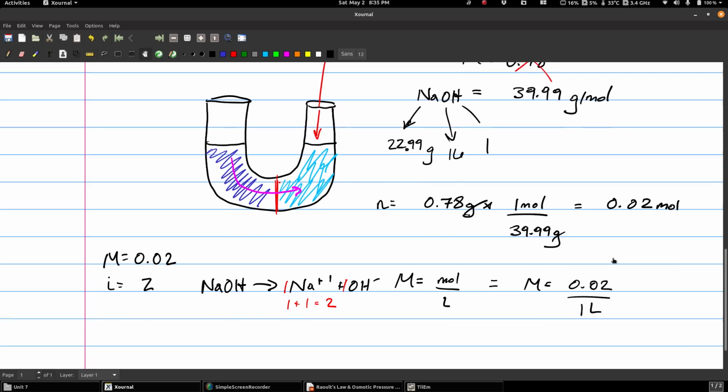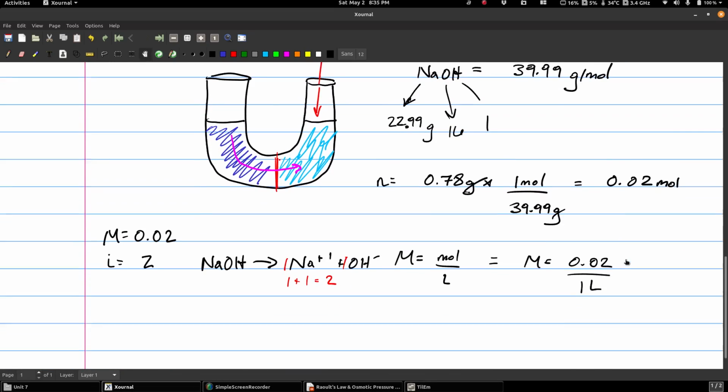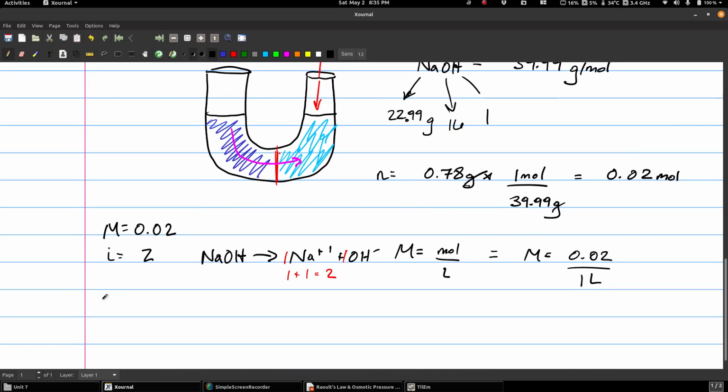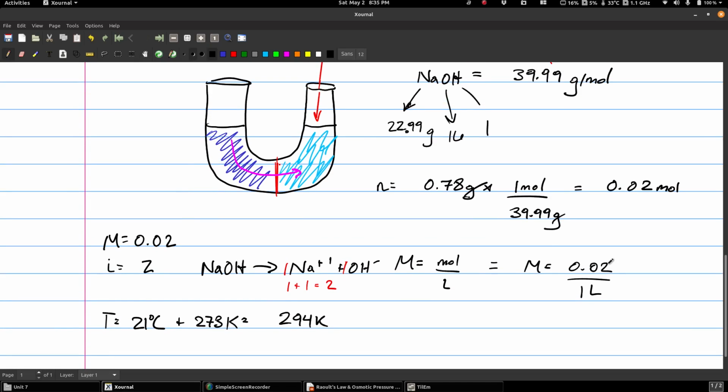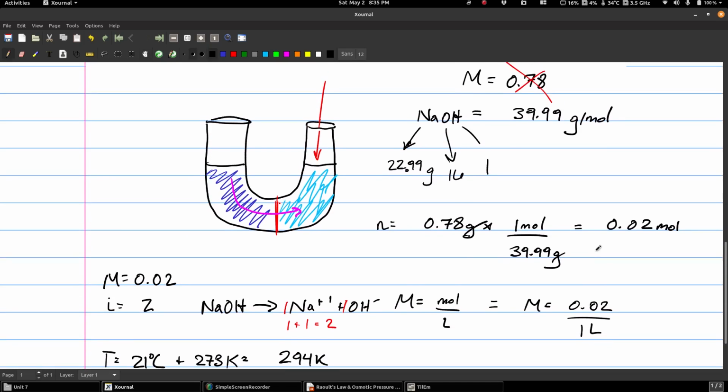Alright, so our i value we have, R you should already know, and then T is 21 degrees Celsius plus 273, which is 294 kelvins. And alright, we have everything that we need to solve this equation. So if you need to copy this, I'm going to take it to the next page to finish it.